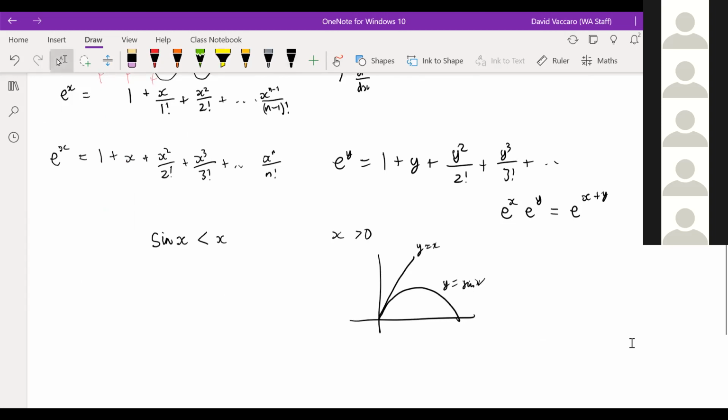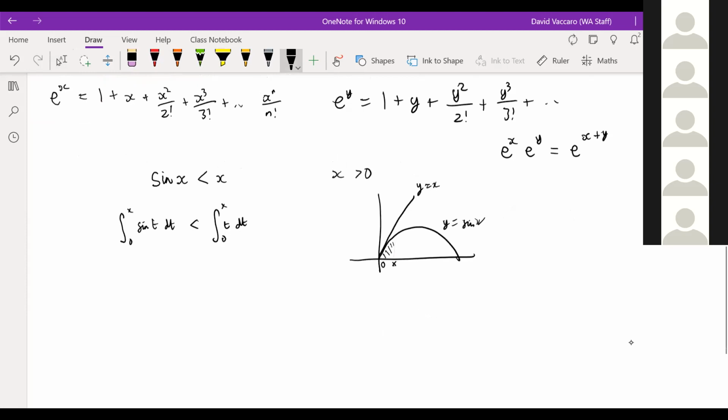Okay, what I'm going to do now is integrate. Obviously the area under this sine x curve is less than the area under the line y equals x, and I'm going to do this between 0 and x. So the integral from 0 to x of sine t dt is less than the integral from 0 to x of t dt.